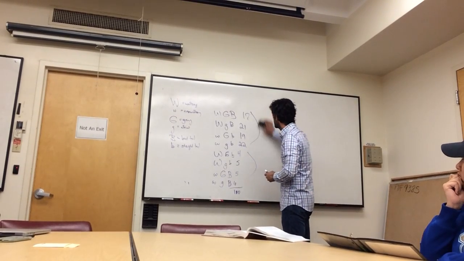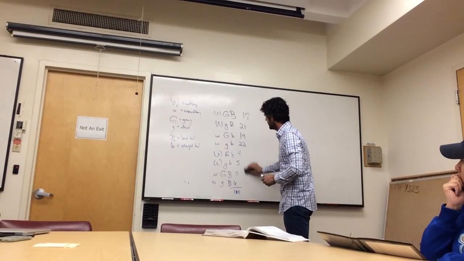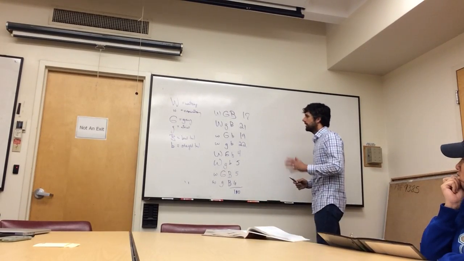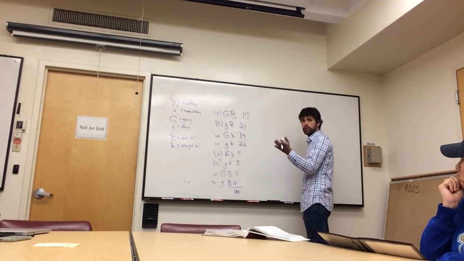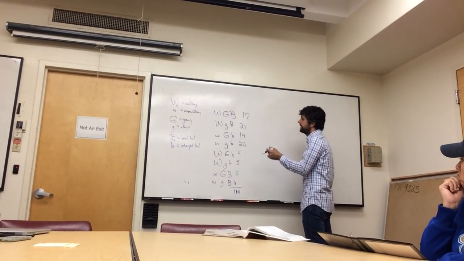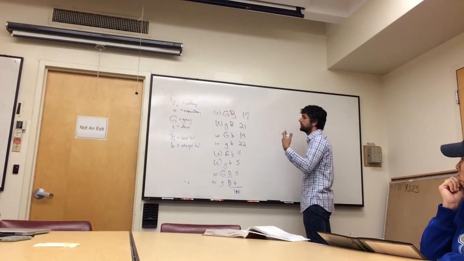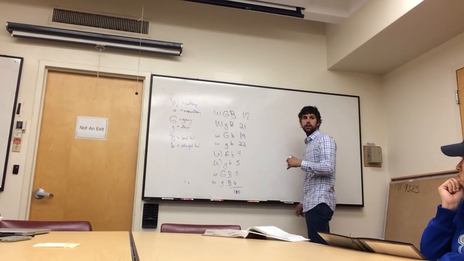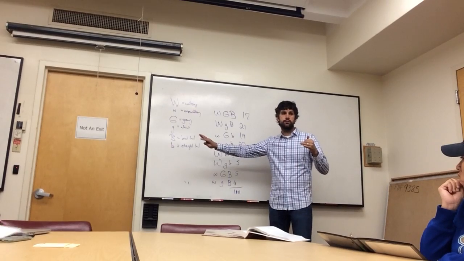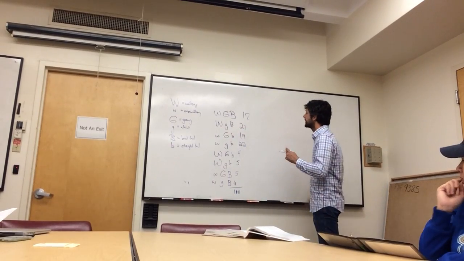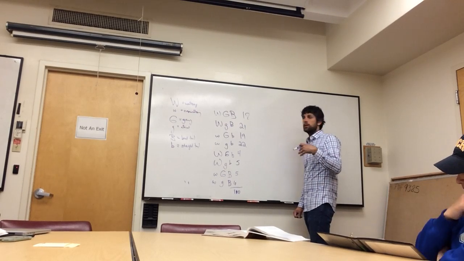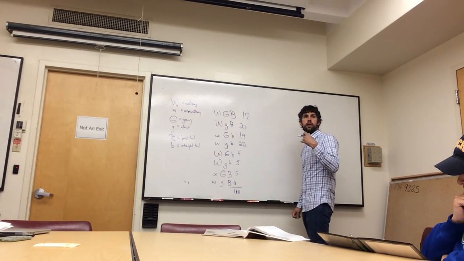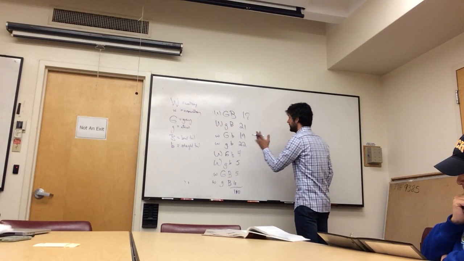I think what you can do is look at it this way: if the parent was heterozygous, it's going to have big W, little w, big G, little g, big B, little b, and the other parent was homozygous for little w, little g, little b. Let's look at possible combinations between W and G, and start there.